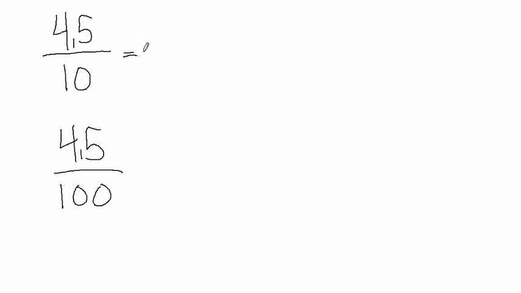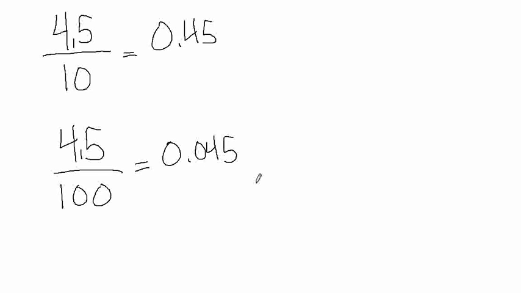So for 4.5 divided by 10, you would move the decimal point 1 hop to the left, and you would get 0.45. For 4.5 divided by 100, you would move the decimal point 2 hops to the left, and then you'd get 0.045.